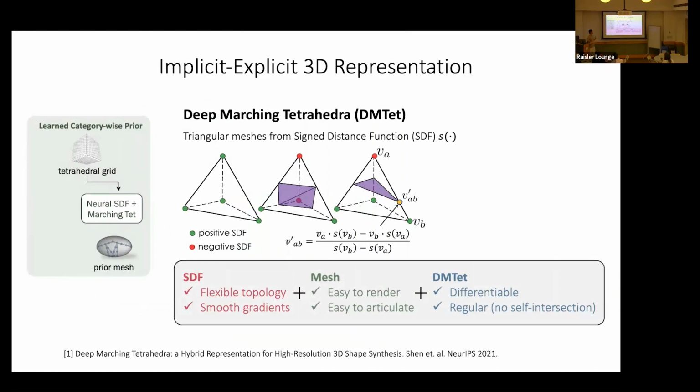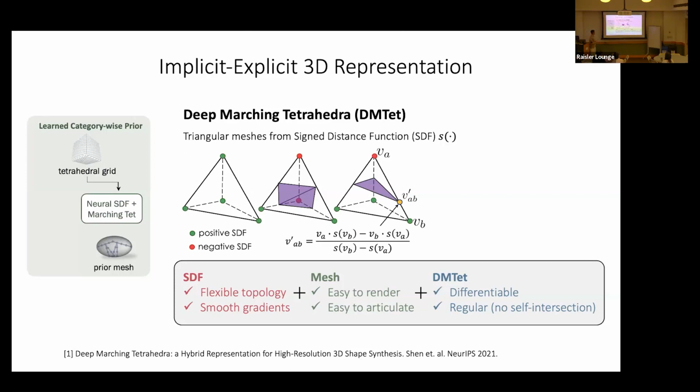But this one is particularly neat because when you look at tetrahedra, there are only 3 configurations in which a surface could cut through a tetrahedron. Basically, if you model the underlying geometry using an SDF, you would be able to extract the surface by just linearly interpolating the SDF values at the vertices of the tetrahedra. And that's what gives you the differentiable extraction of the surface.